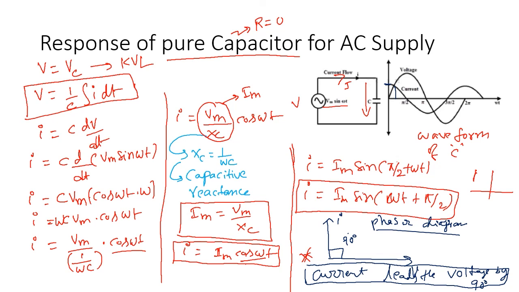So this is the phasor diagram. This is the waveform. You see the waveforms here. This is the supply voltage, and your response is this. This is the voltage, and this one is the current. So your current is leading the supply voltage by 90 degrees. We see the conclusion here.